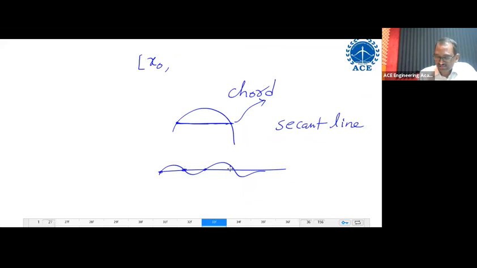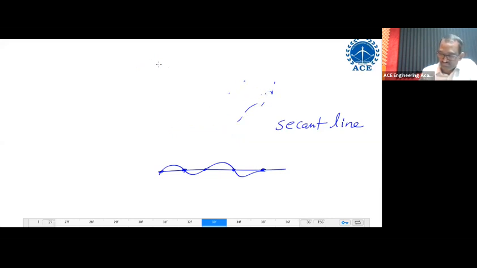C-H-O-R-D, chord. In secant method, every time you have to draw a secant line. Secant line means a line touching the curve at 2 points or more than 2 points.